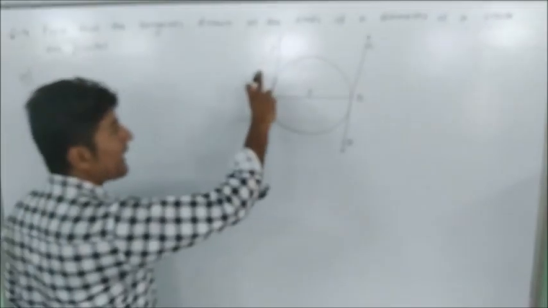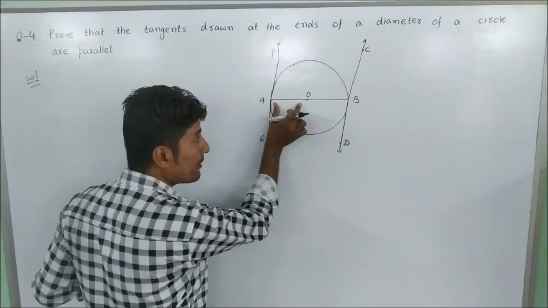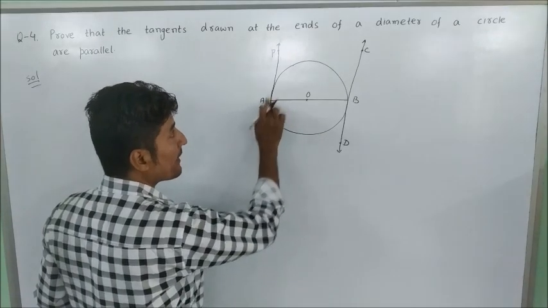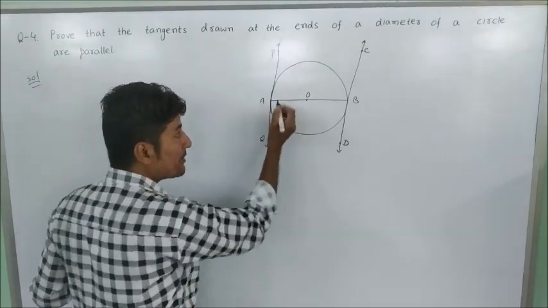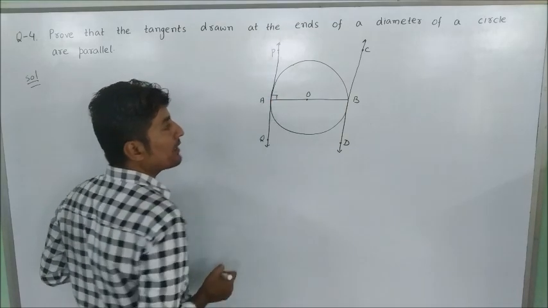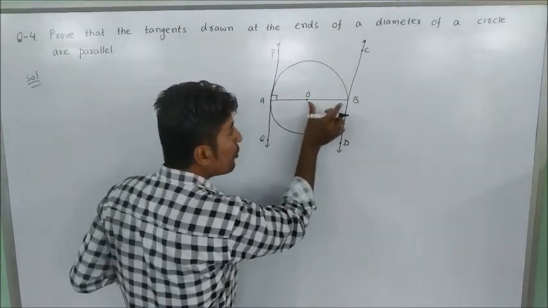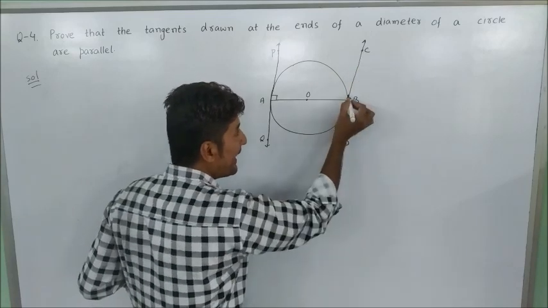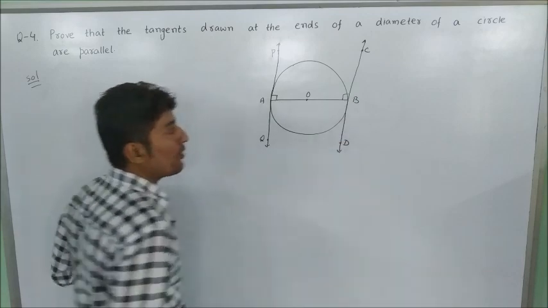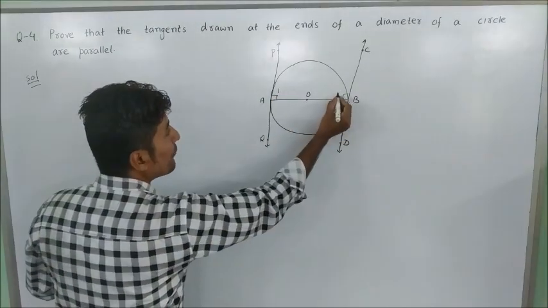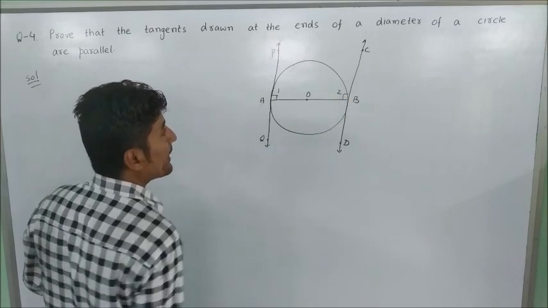As we know, the tangent is always perpendicular to the radius. Since OA is the radius of the circle and PQ is the tangent, the measurement of this angle will be 90 degrees. Similarly, OB is the radius of this circle and CD is the tangent, so this angle is also 90 degrees. Suppose I have named this angle 1 and this angle 2.